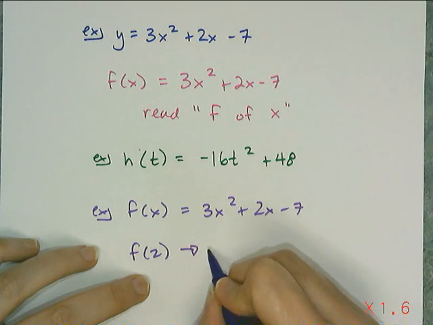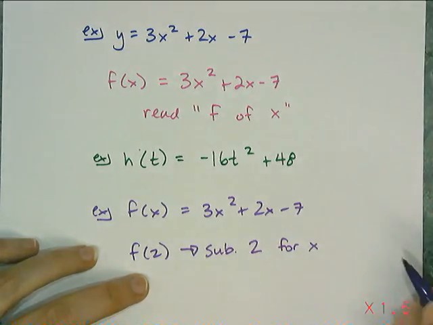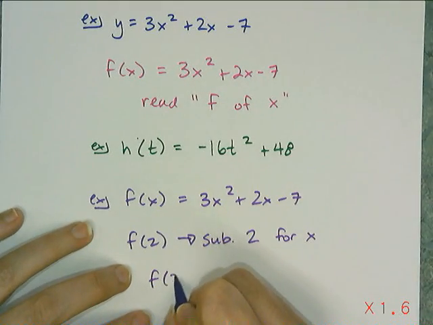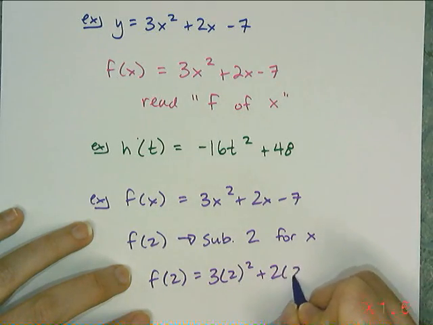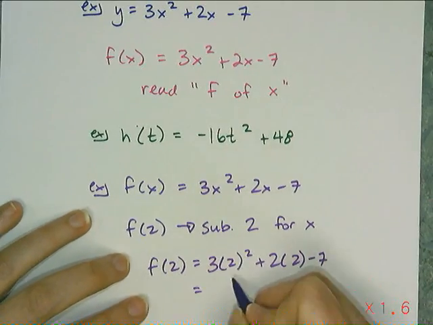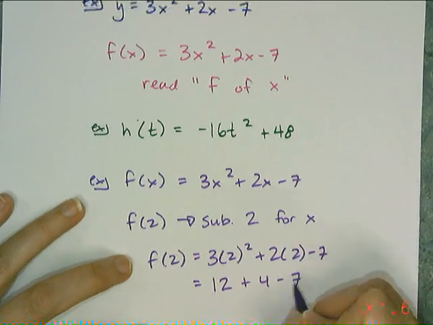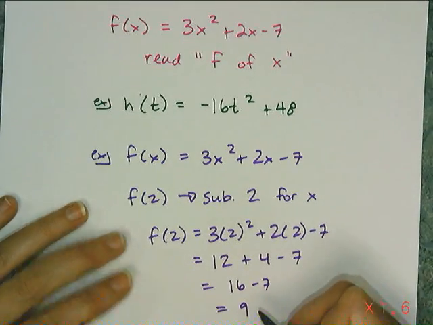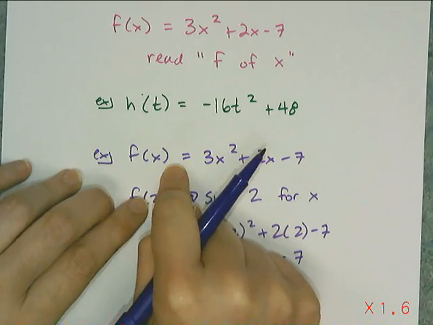What it means is substitute in 2 for x to find out what the value is. So f of 2 in this case is equal to 3 times 2 squared plus 2 times 2 minus 7. So that's 4 times 3 is 12, plus 4, minus 7. That's 16 minus 7, or 9. And so that's what this means. It doesn't mean f times 2. It means plug a 2 into this function.